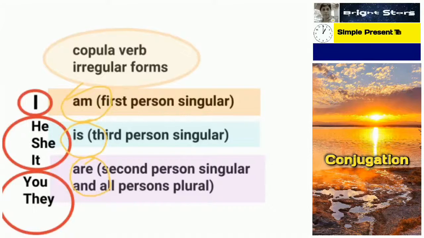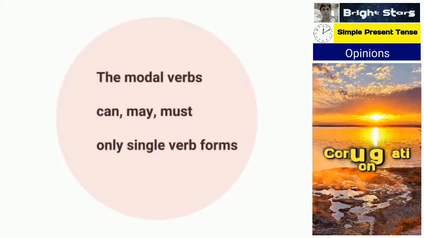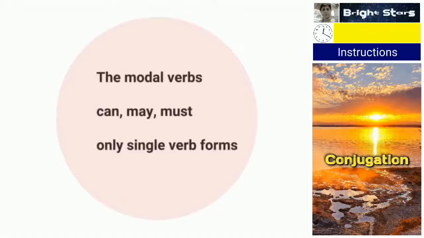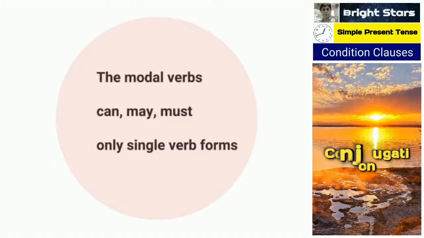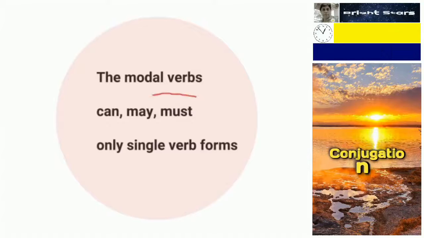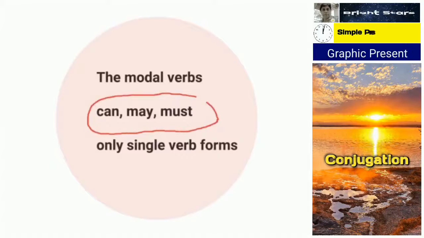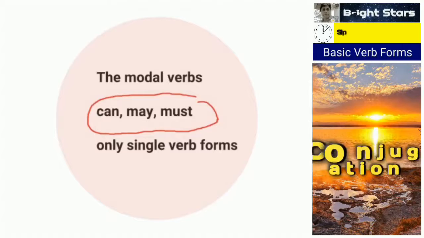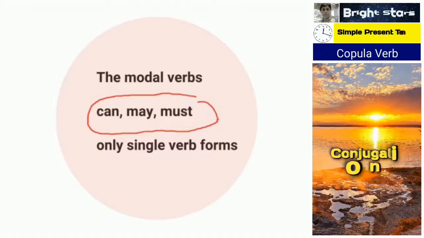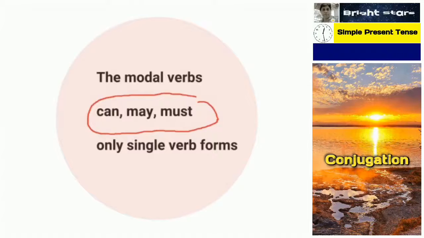Don't forget this. Next, for modal verbs we don't add any s. Can come, may come, must come. Here these are the modal verbs: can, may, must. For them we directly use the main verb without any modification.